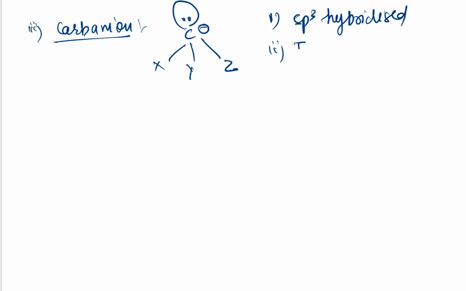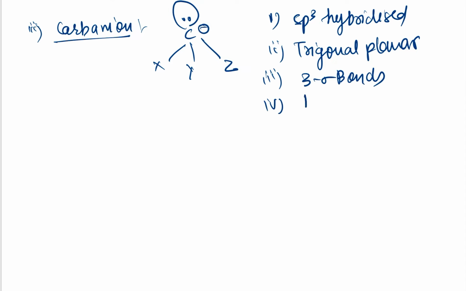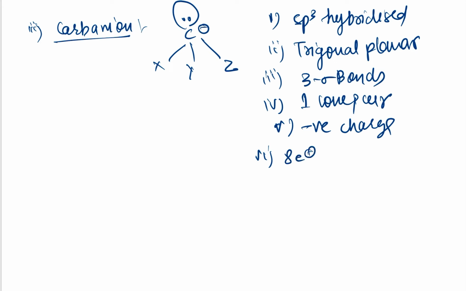Second, it is trigonal planar. Third, it has 3 sigma bonds. Fourth, it has 1 lone pair. Fifth, it has a negative charge. Sixth, it has 8 electrons in the outer shell.